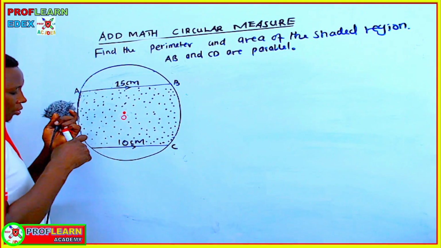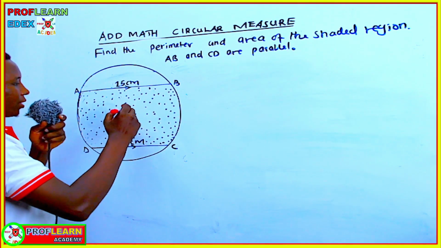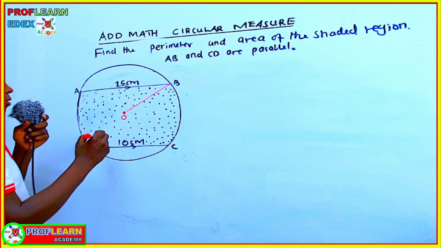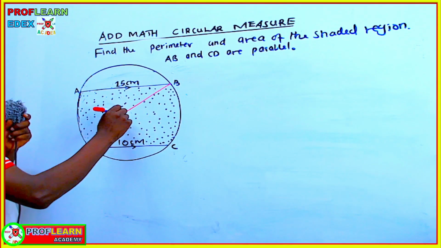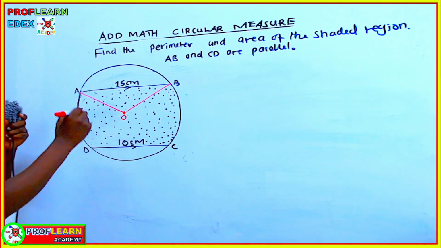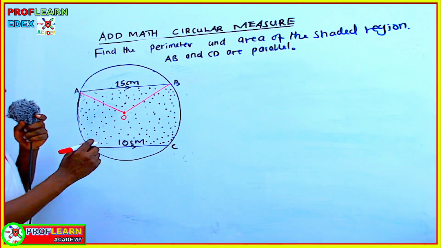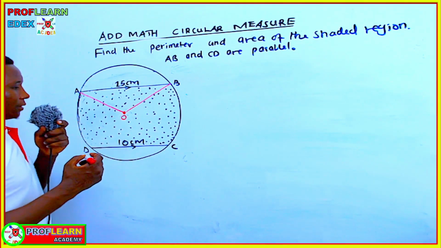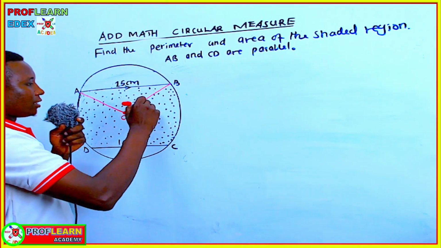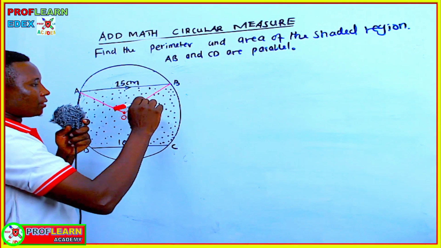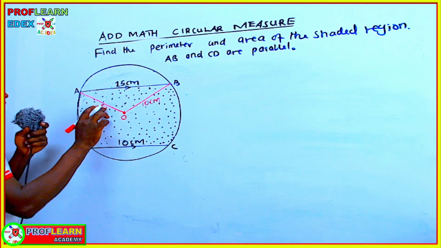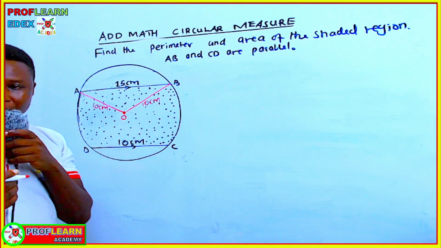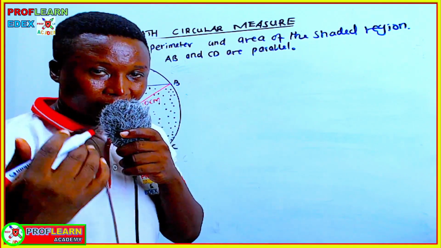For us to work out this question, the first thing we need to do is join OB and also join OA like that. Since we are told that the radius of this circle is 10 centimeters, this is 10 centimeters, and this is 10 centimeters, because both of them are representing the radius.